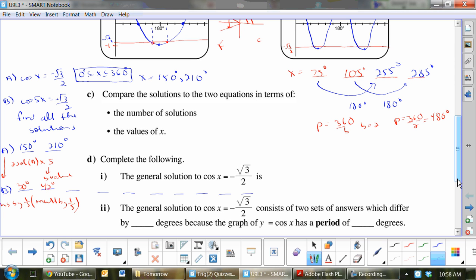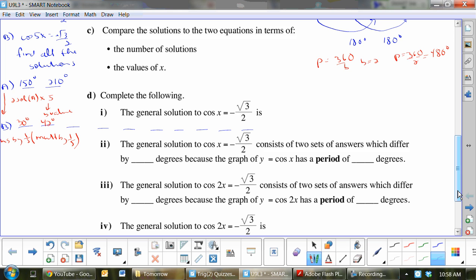Okay, almost done. How do I find the next value? I've got 10 to find. How do I find the next value? How would you get 102? What do you have to do, you guys? Why would you add 72?